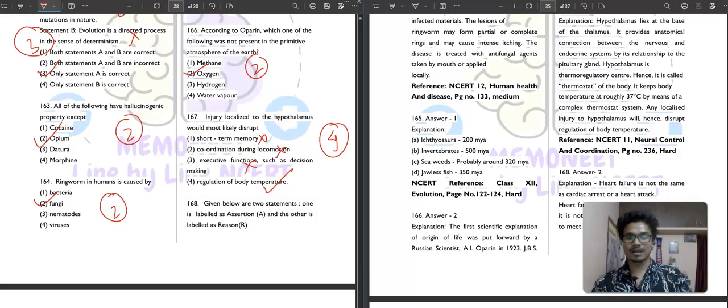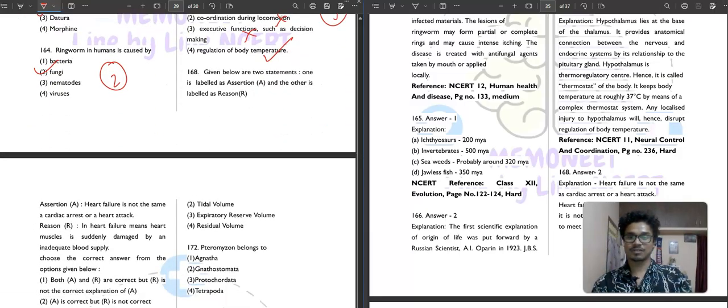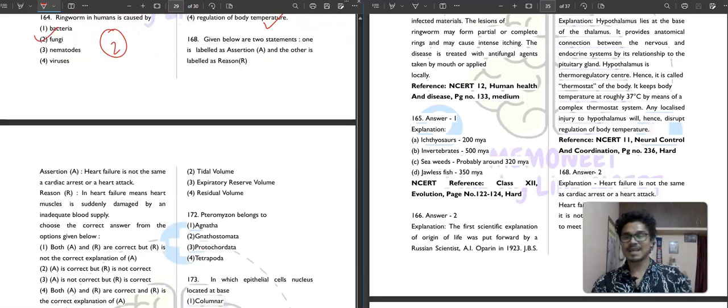Then question number 168. Assertion is one question. The assertion is given as heart failure is not the same as cardiac arrest or a heart attack. Correct. Heart failure and heart attack are different.